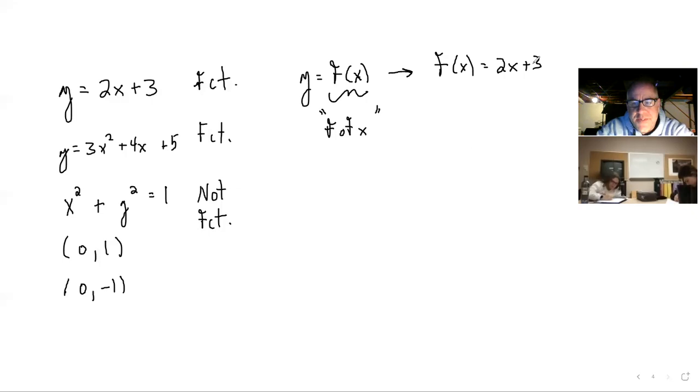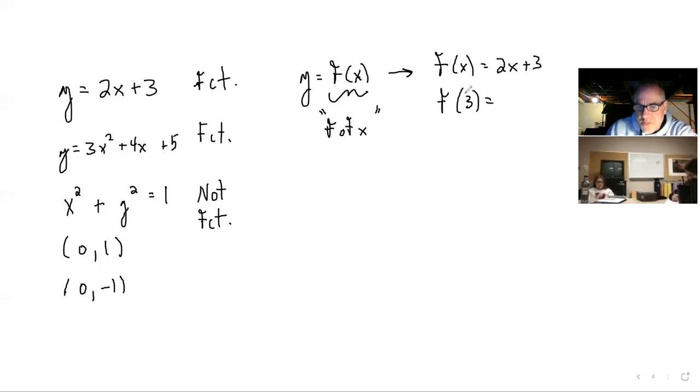So at the end of the day, nothing's really changed in terms of finding ordered pair solutions for that equation of 2 variables. This is still a line with a slope of 2 and a y-intercept of 3. It's just that we've now established it's this thing we call a function. Say I wanted to find f of 3.